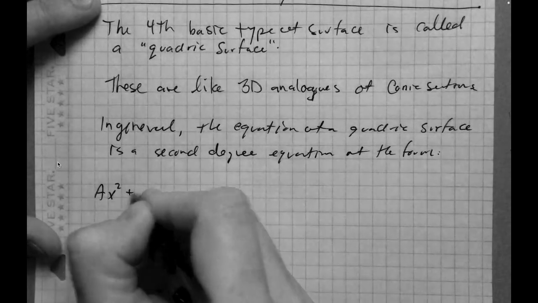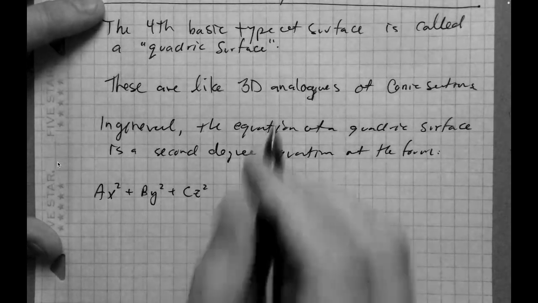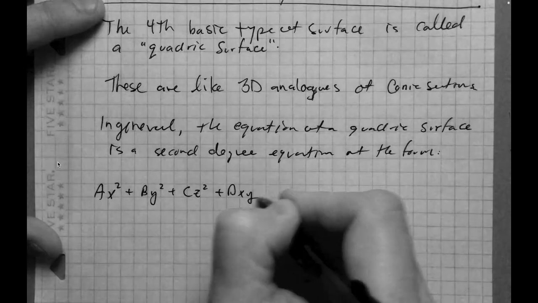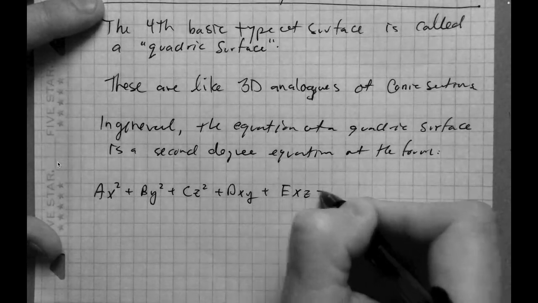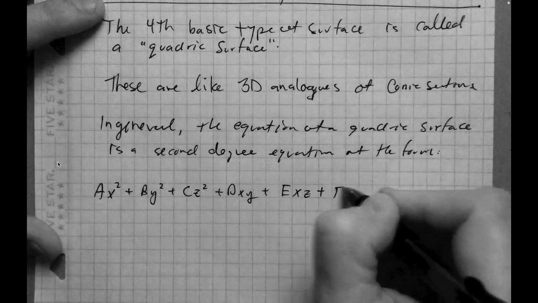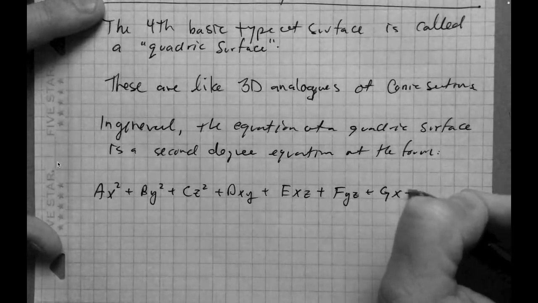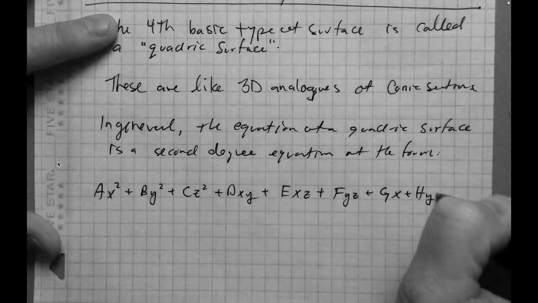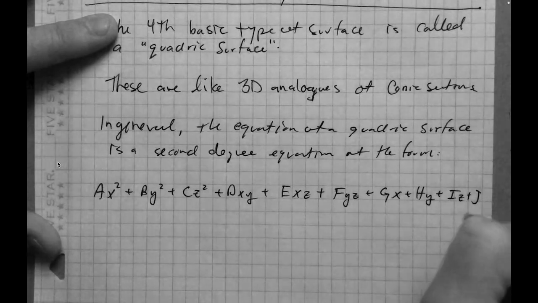So ax squared plus by squared plus cz squared, plus dxy plus exz plus fyz plus gx plus hy plus iz plus j equals 0.